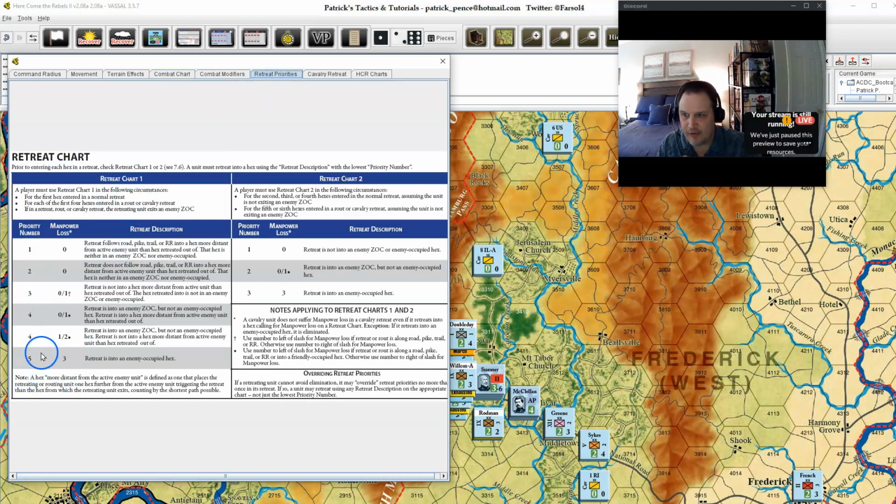Retreat priorities 1 through 5 will tell you what the manpower loss is, and it will give a description there in plain English of what that means. It's this situation, but not this or that. With the small retreat, you do the first 2 steps on retreat chart 1, and then retreat chart 2 is, again, a little less punitive. It gives you a little more flexibility.